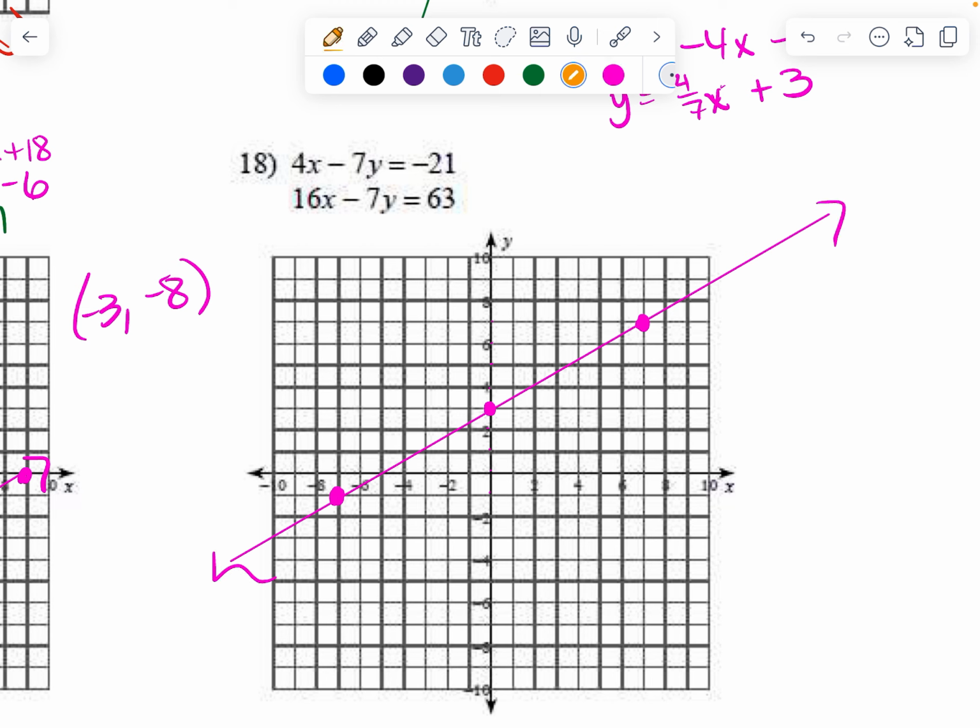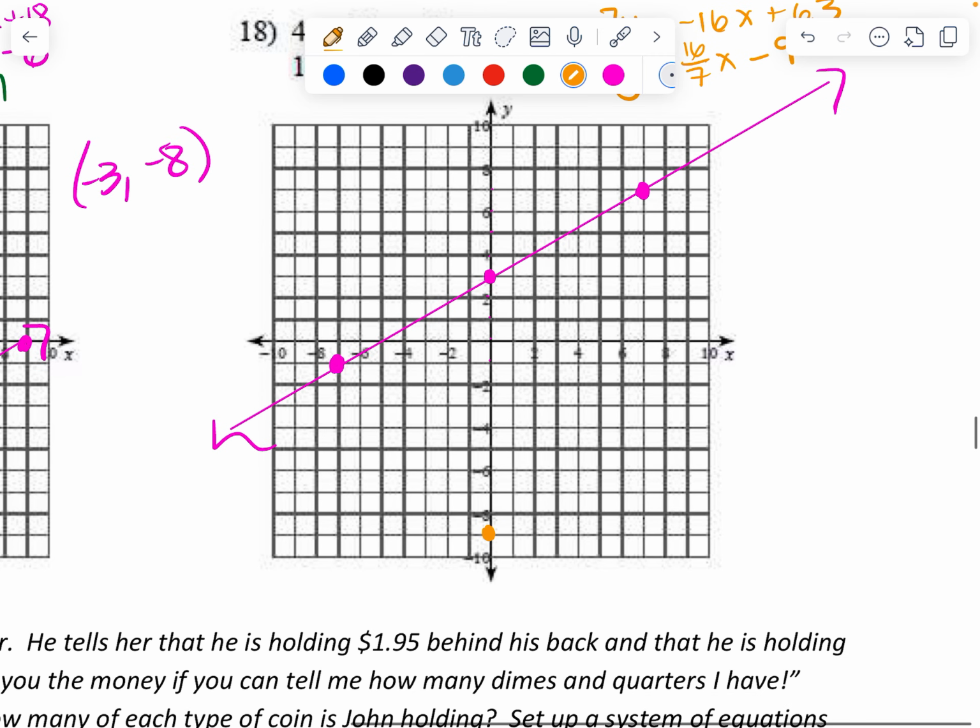Okay. And then on this one, I'm going to subtract 16x, so I get -7y equals -16x plus 63. Divide through by a -7, so I get 16 over 7 x minus 9. So I'm going to come down here. I'm going to go up 16, so 1, 2, 3, up to 16.